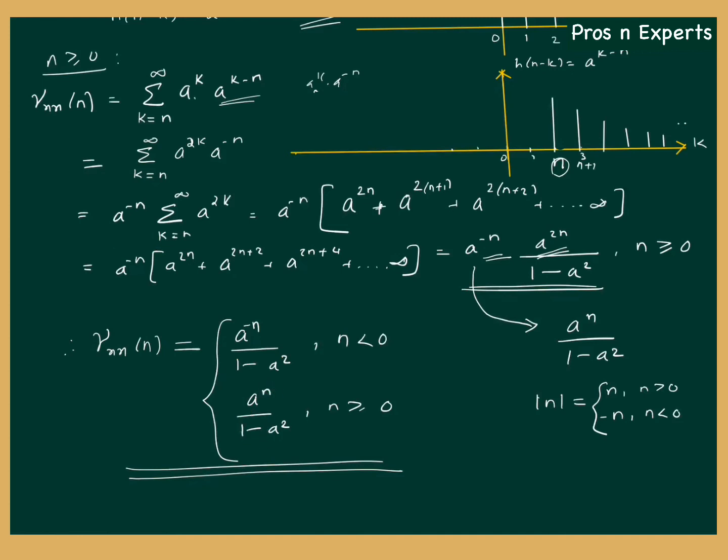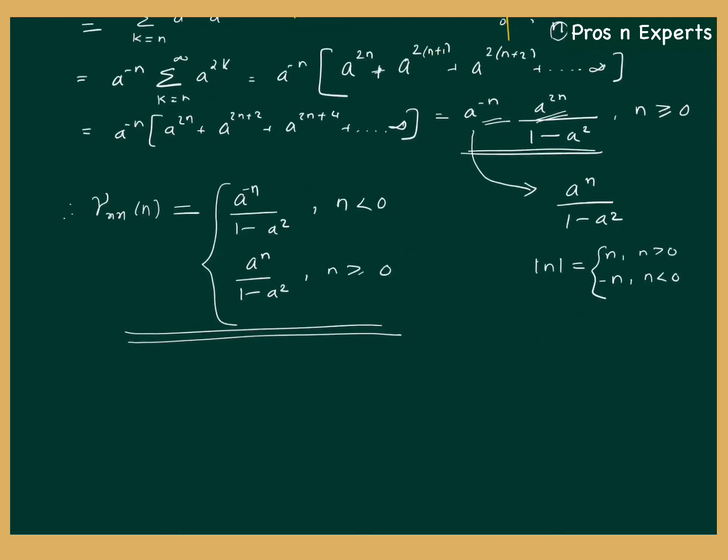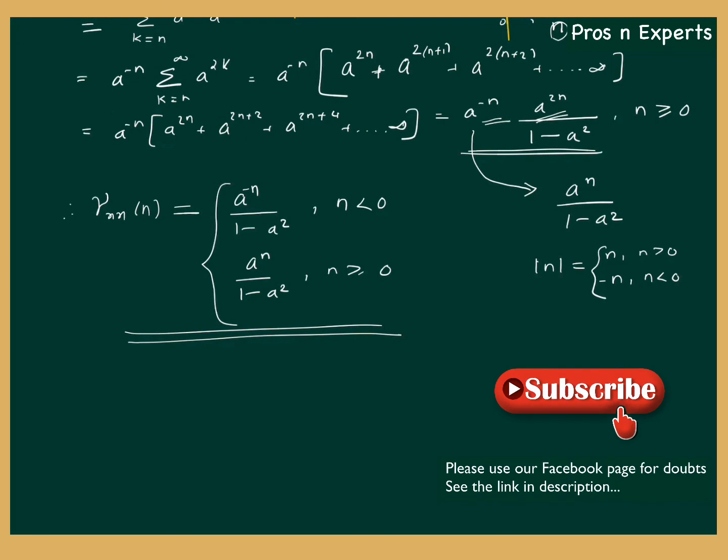Look at this numerator, a raised to n for n negative and a raised to minus n for n positive. So we can reduce this expression as gamma xx of n is equal to a raised to mod n by 1 minus a square. This is the simplest of these expressions. Okay, so that is the final answer.